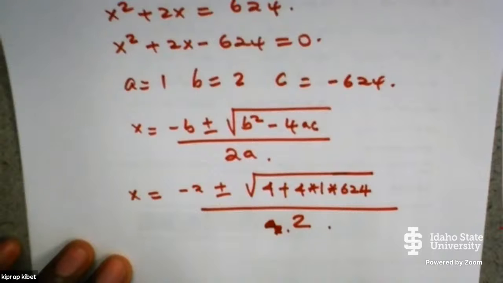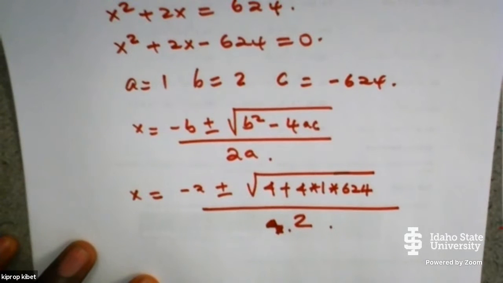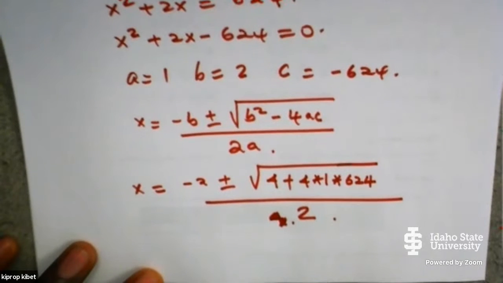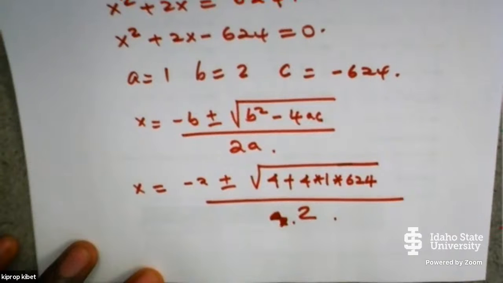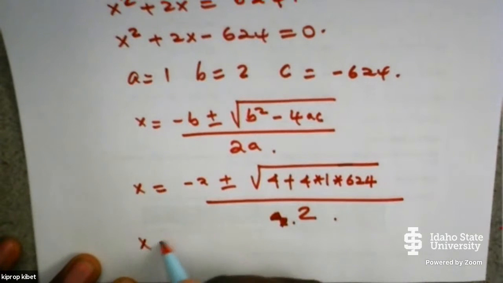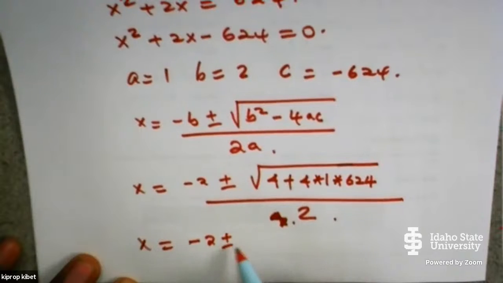Plus 4 is 2500. What is the square root of 2500? It is 50. So x equals minus 2 plus or minus 50, all over 2.